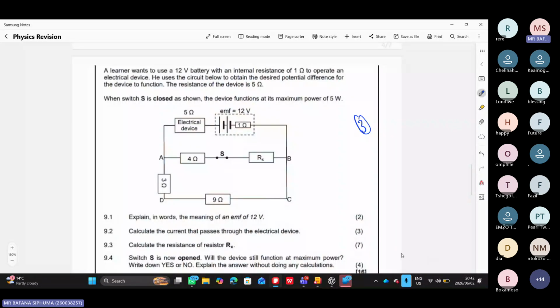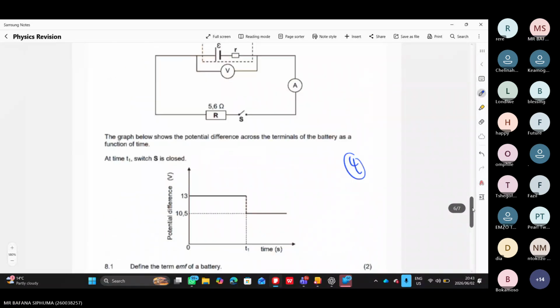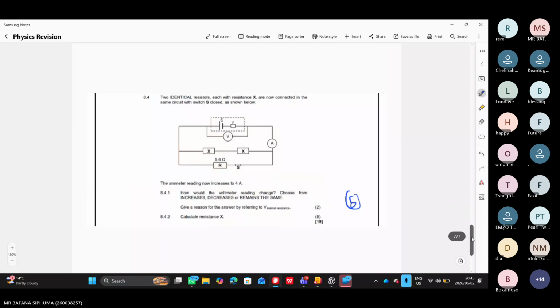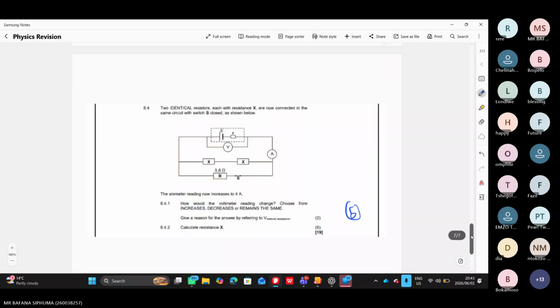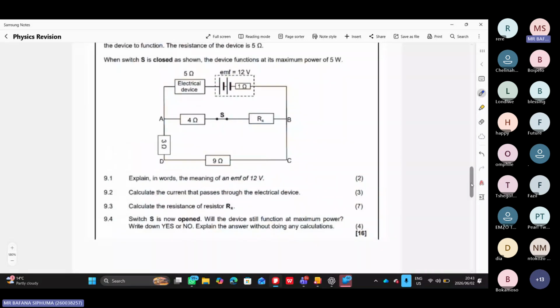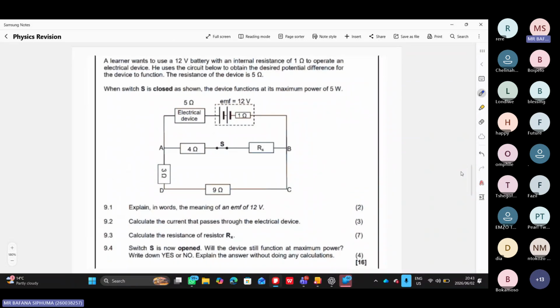And then you will tell me the complaint that you have. The question that we have here is, let me check the better one. Yeah, let's do this one. Now, the question says, Elena wants to use a 12V battery with an internal resistance of 1 ohm to operate an electrical device.